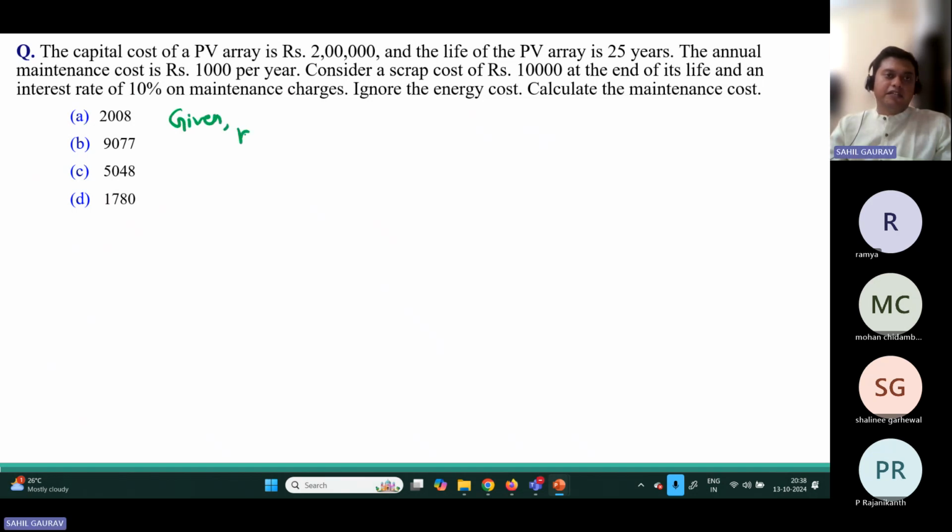The capital cost of the PV array is given as rupees 2 lakh, and its lifespan is given as 25 years.